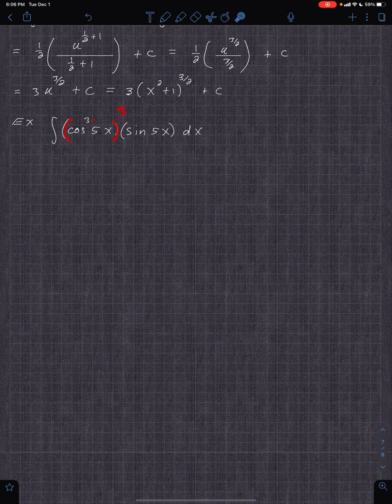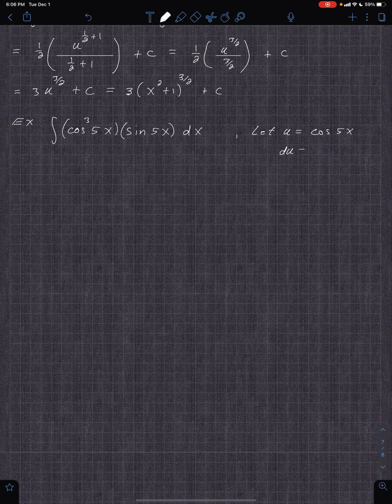So the furthest inside is the cosine 5x. So that's going to be my first choice. I'm going to let u equal cosine 5x. Do you see now, looking ahead, that when you do the derivative, this will show up? That's what you need to have happen.